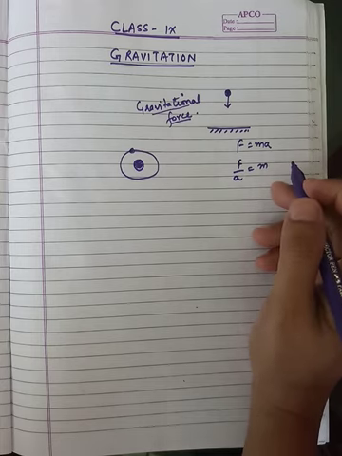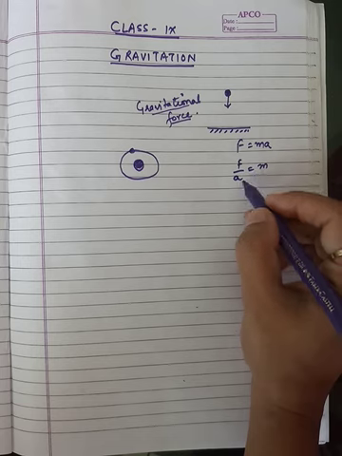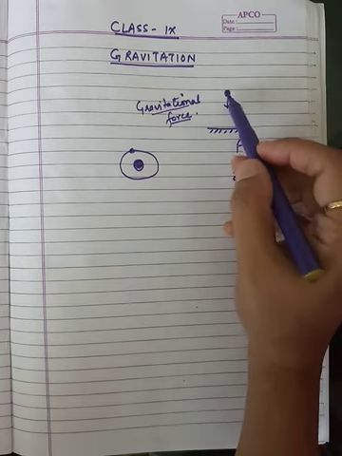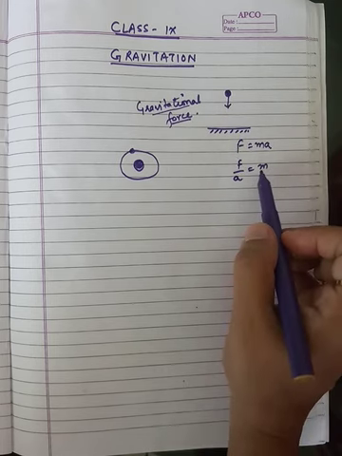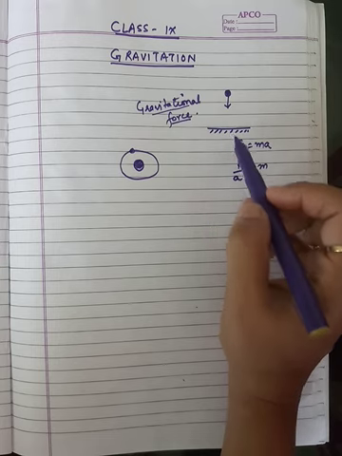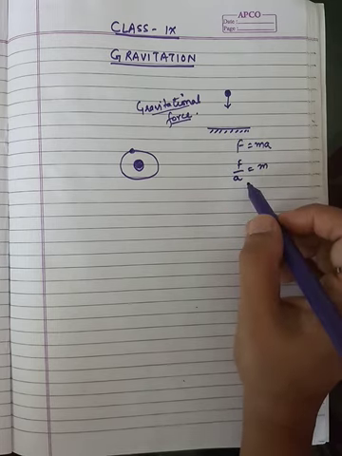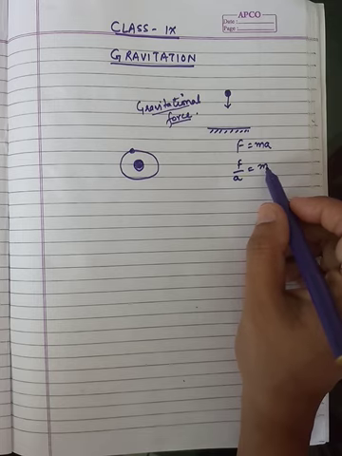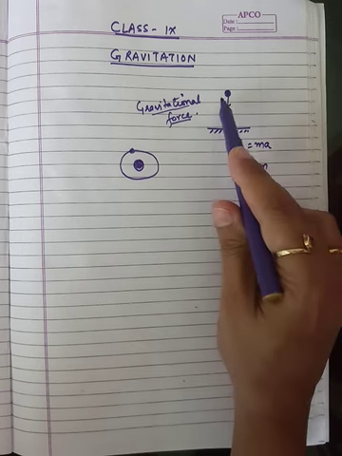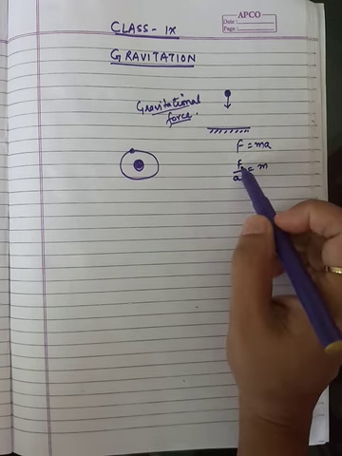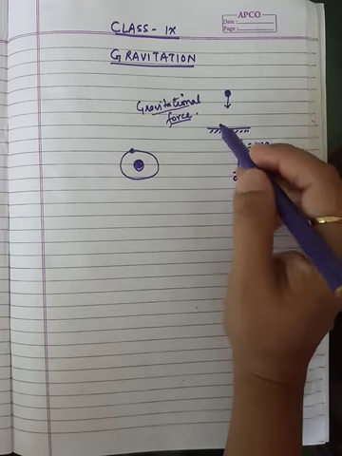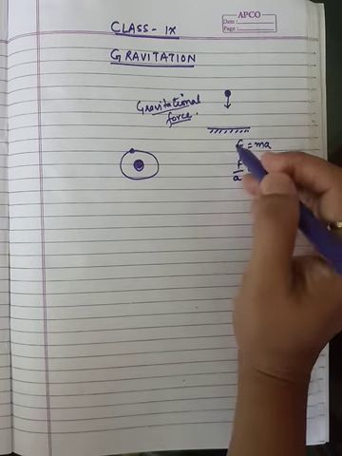Okay, so here we can say that for a very small object like a ball, as compared to the size of the earth, the mass of the ball is very, very small, so the acceleration produced in that case is large because the force is the same. The force is the gravitational force between these two objects, right?